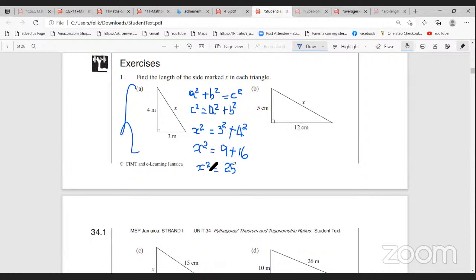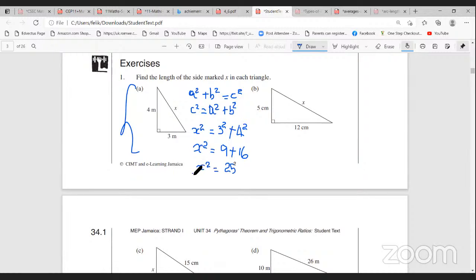And then we need to find the value of x. So we need to get rid of the square. How do we remove a square? By using the square root method, the opposite method, miss.